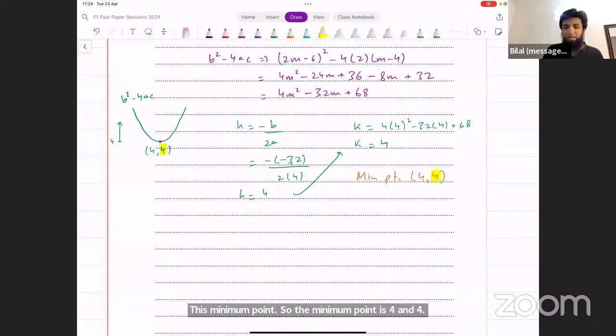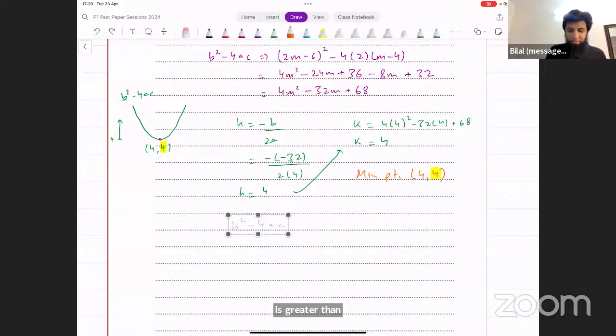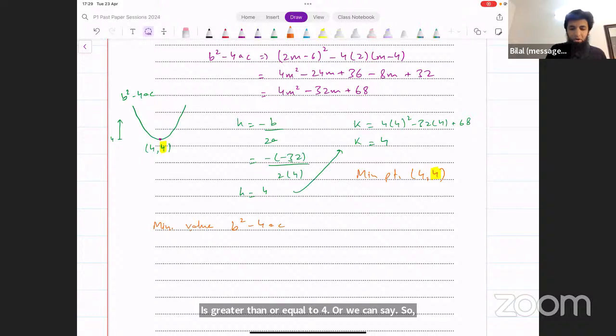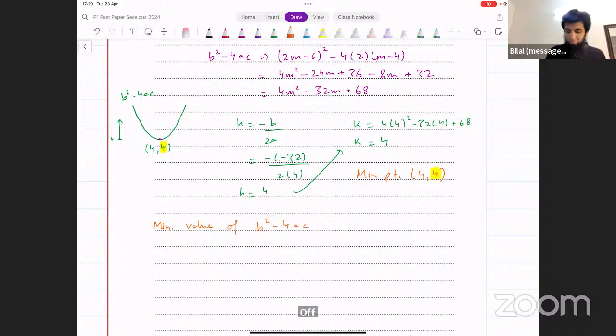This value 4 tells us that b square minus 4ac therefore is greater than or equal to 4. Or we can say, let's write that in words, minimum value of b square minus 4ac is 4.